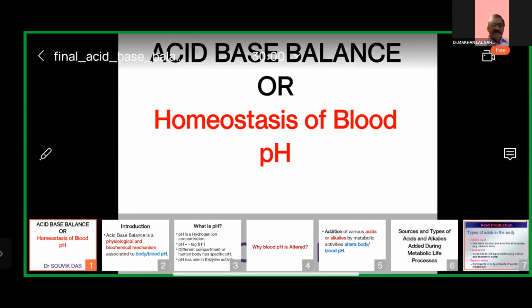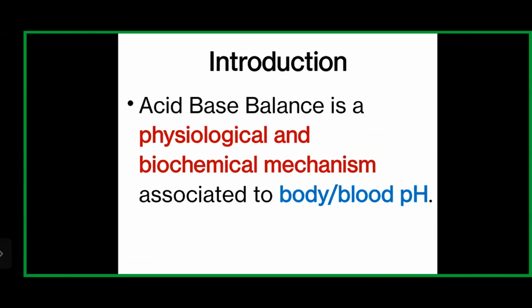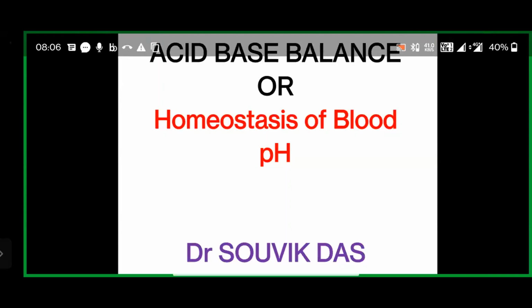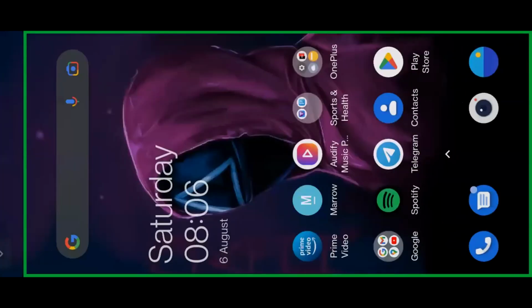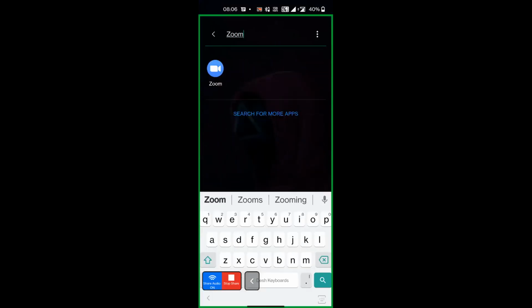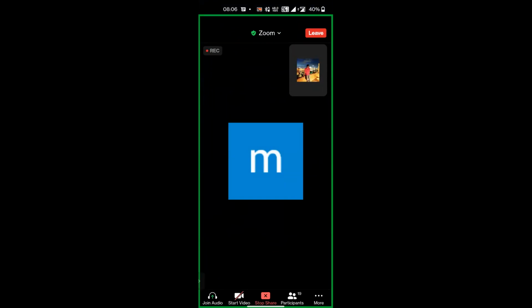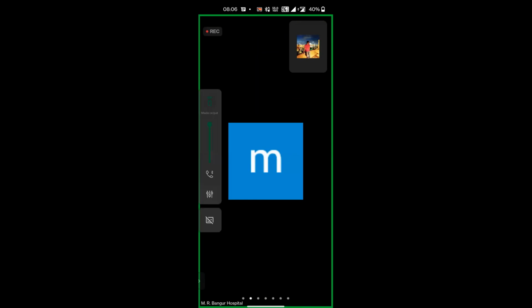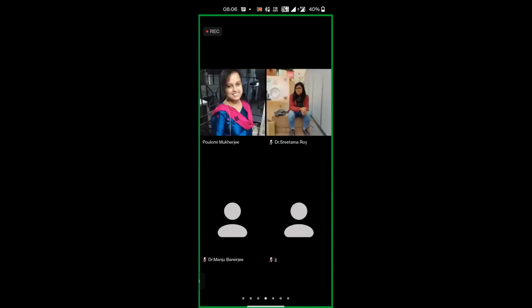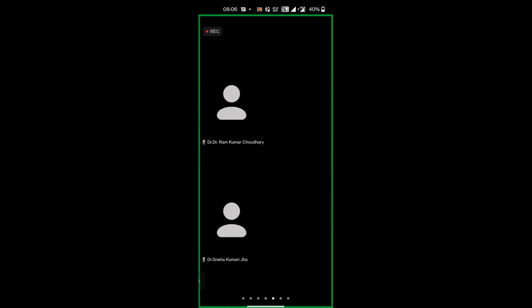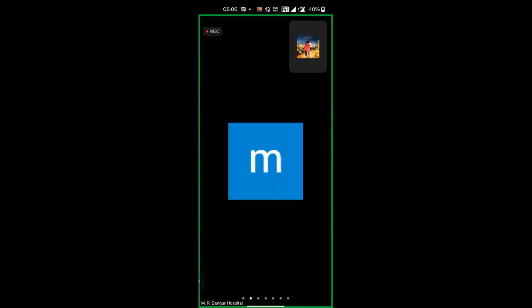Screen is visible. Shobik, you can start. Shovik, your screen is visible, but you're not audible. Please go back to the app and unmute yourself, and then open PowerPoint. Click on Join Audio at the bottom of the screen. Shovik, there's an option Join Audio that will come at the bottom of the screen. Please click that.